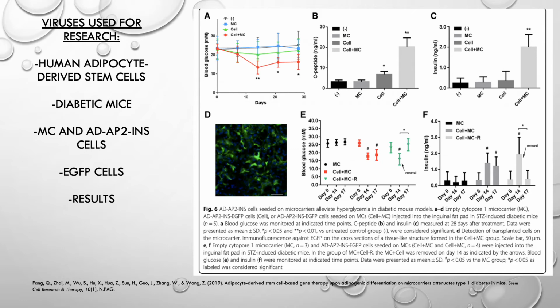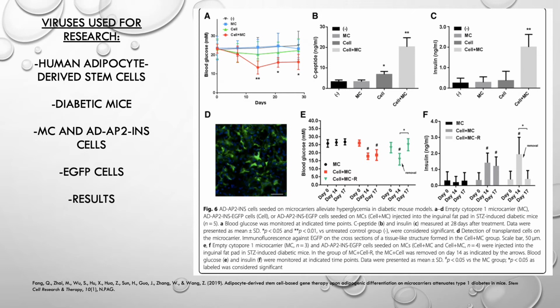As you can see in graphs A, B, C, they show the significant differences within, if you want to say, four groups, but I would really focus on the three groups: the MC, the cell, and the cell and MC, which they added together. But the important graphs here that they really focus on were the E and F graphs, because of the red and the green for graph E, day 14.